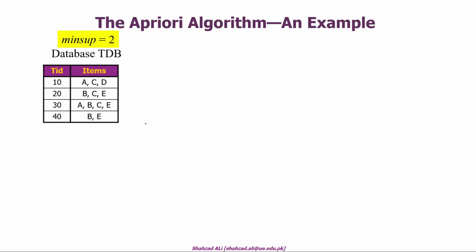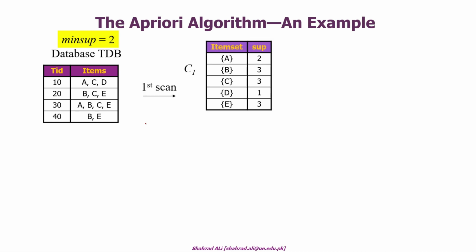That means any item set that occurs 2 times or more than 2 times in these transactions is a frequent item set, or in other words, any item set that appears less than 2 times is infrequent. So on the first scan of the database we get C1, candidate 1 item sets.